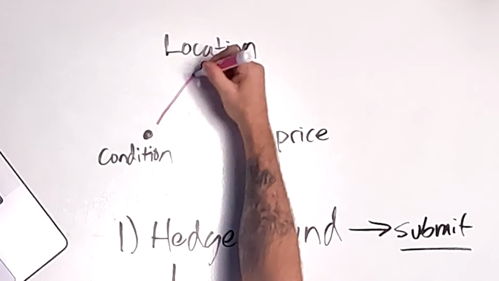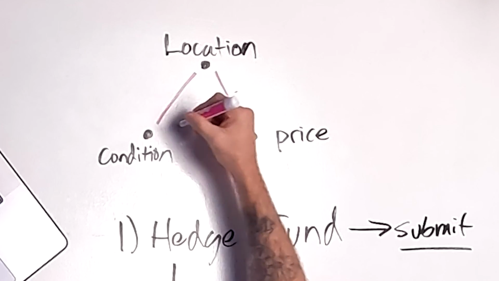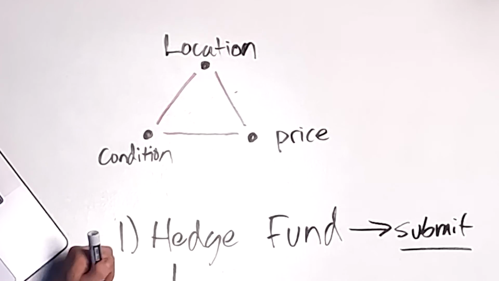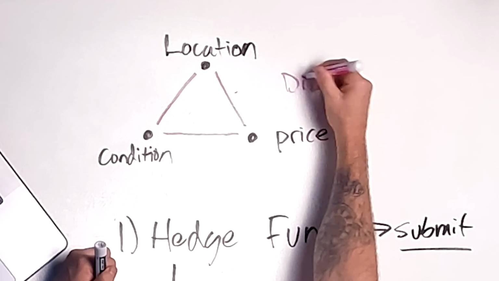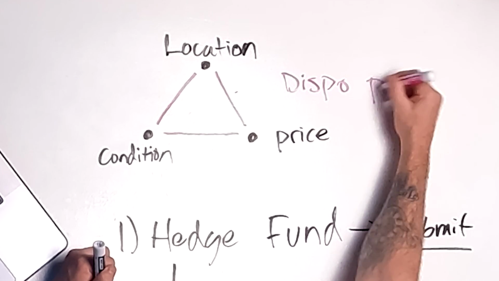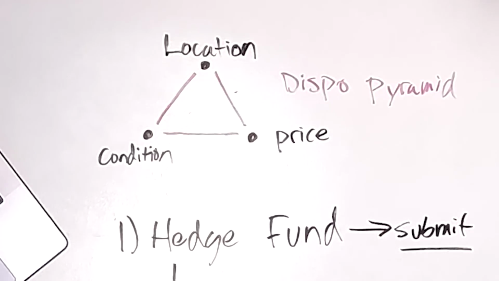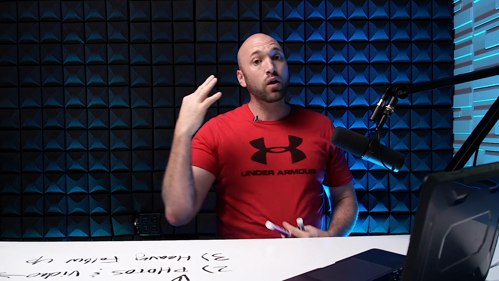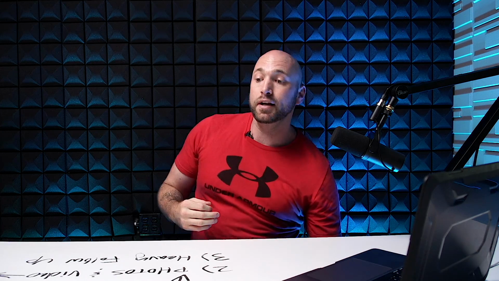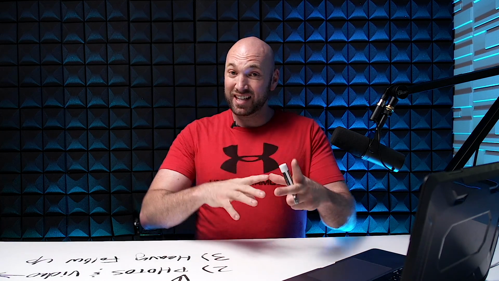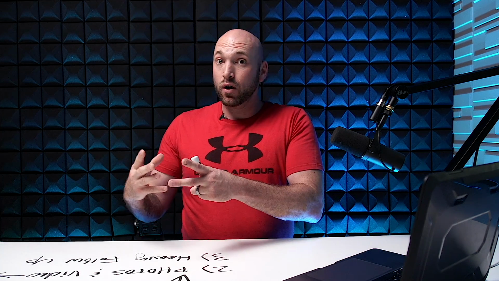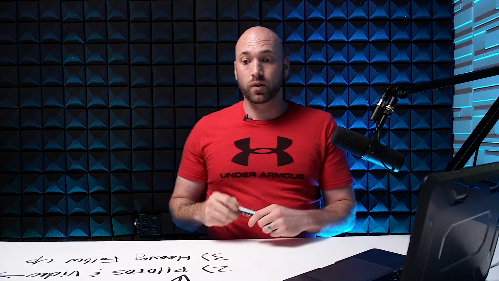This right here, I'll call our Dispo Pyramid. This is our Dispositions Pyramid because these are the three determining factors for all real estate deals in determining why this deal is either sitting and not selling or why this deal actually sold.